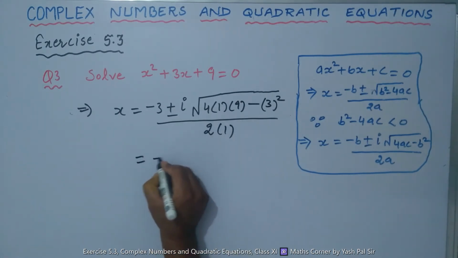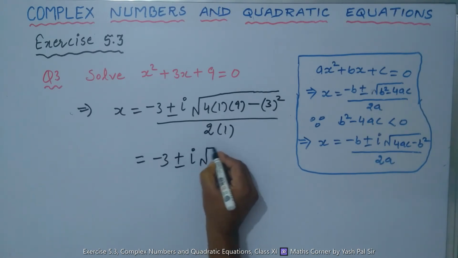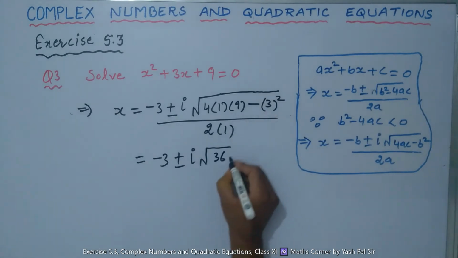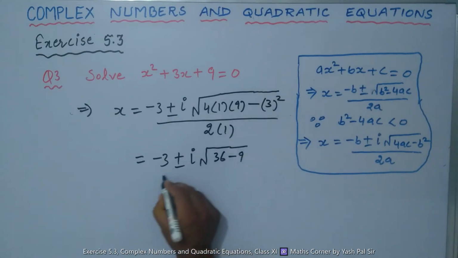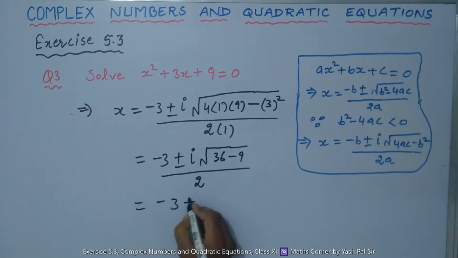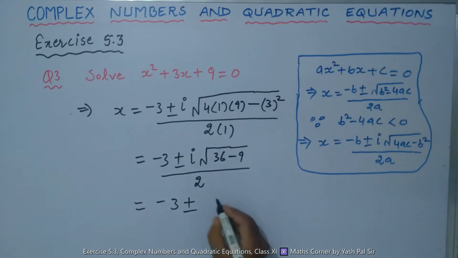So this is equal to minus 3 plus minus iota square root of 9 into 4 is 36, minus 9, upon 2. This is equal to minus 3 plus minus, 36 minus 9 is equal to 27, square root 27 upon 2, iota is here. So this is the solution of the given quadratic equation.